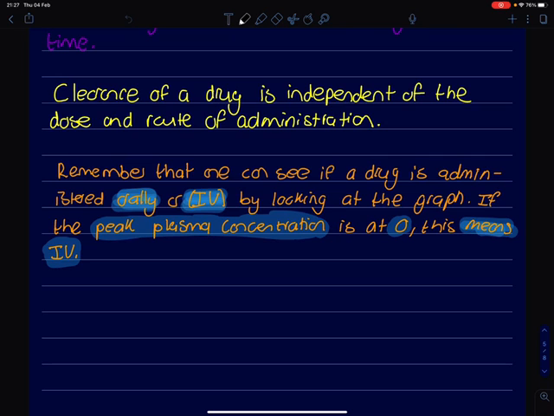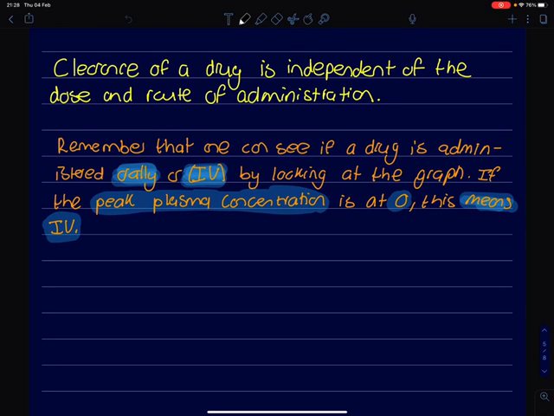Whereas orally, at time 0 the concentration will be 0, because the drug takes time to get absorbed.